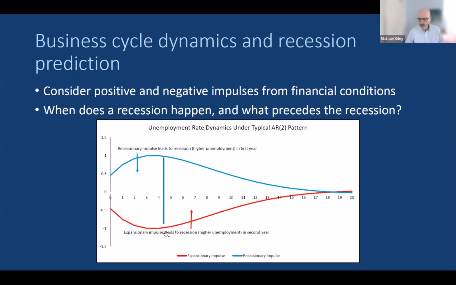So according to this red line, what happens is that if the economy is very strong, well, after a year or two, following this traditional hump-shaped dynamic, the economy is going to be weaker. That's simply the cycle in the business cycle. And so over medium-term horizons, one would expect the state of the business cycle, right, if the unemployment rate has gotten very low, that you expect it to go back up.